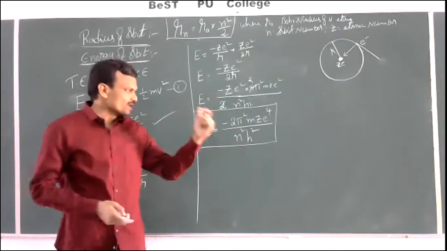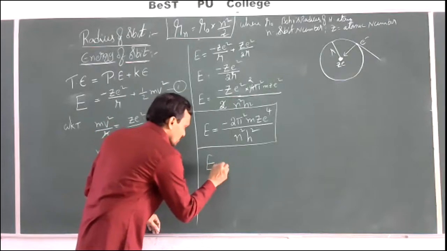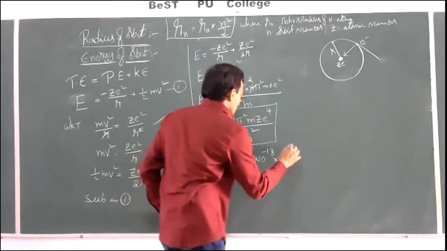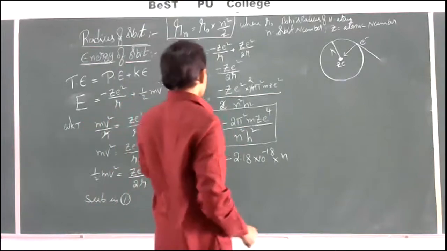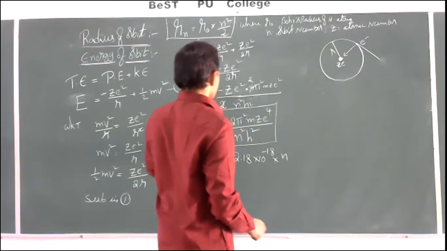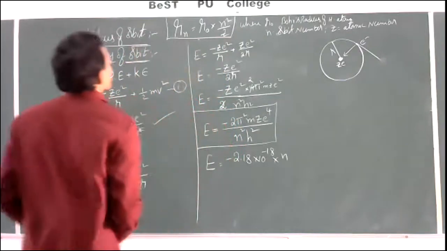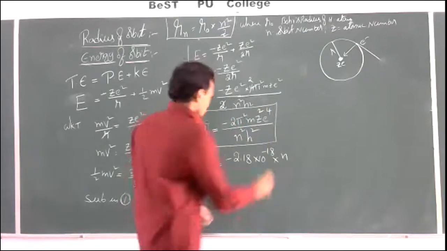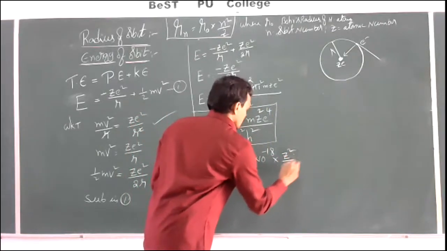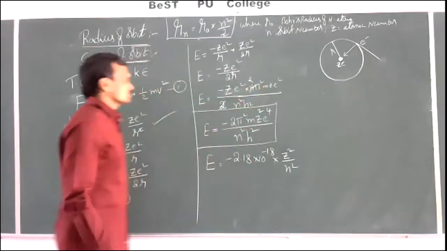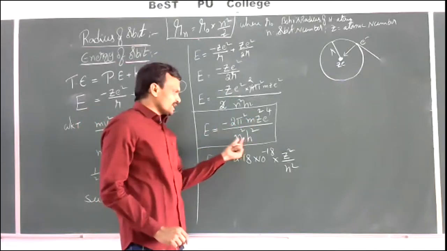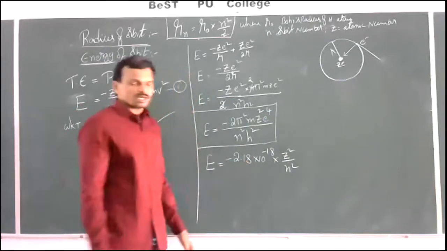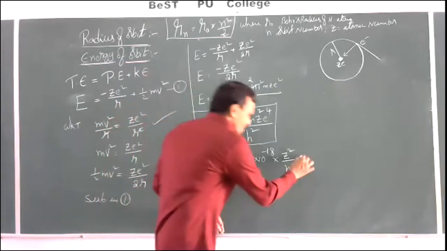By substituting all those values and simplifying, you get energy E is equal to minus 2.18 into 10 to the power of minus 18 into z square by n square joules per atom.